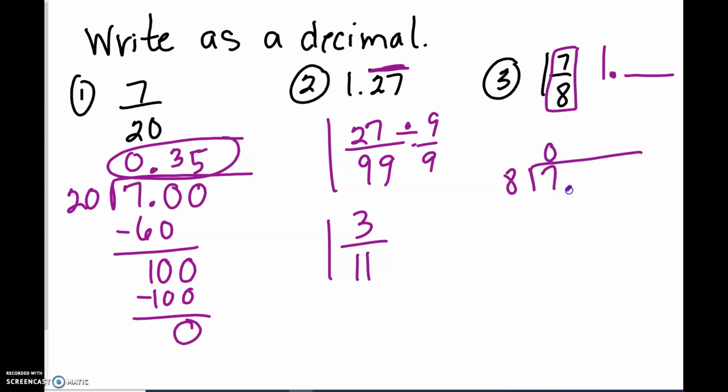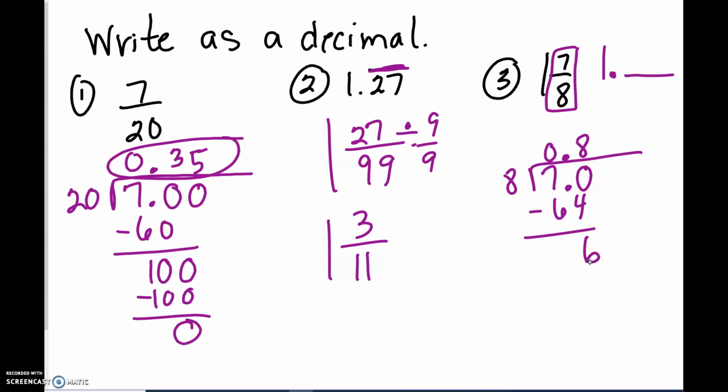So I'm going to put down my decimal. How many times does 8 go into 70? Well, 8 times 8 is 64. 8 times 9 is 72, that's too big. So I'm going to pick the 8, and I have 64. So 70 minus 64 is 6.